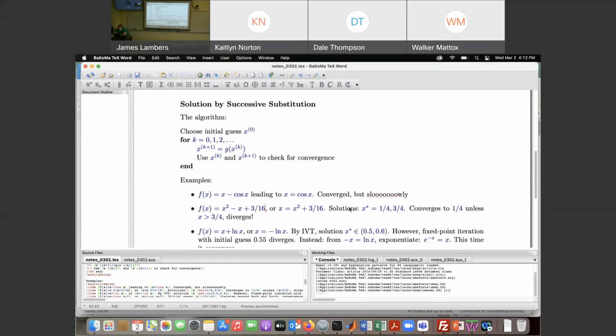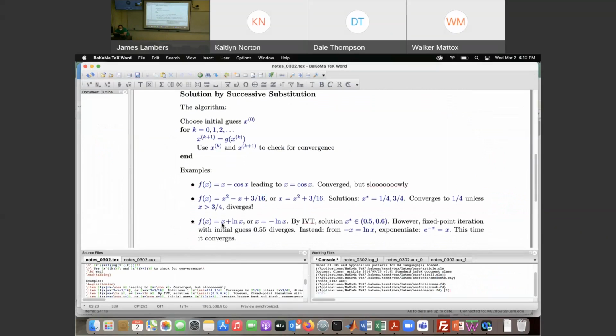Next, the function whose root we want is: solving x plus natural log of x equals 0. So we can just rearrange it and we get this equation x equals minus natural log of x.